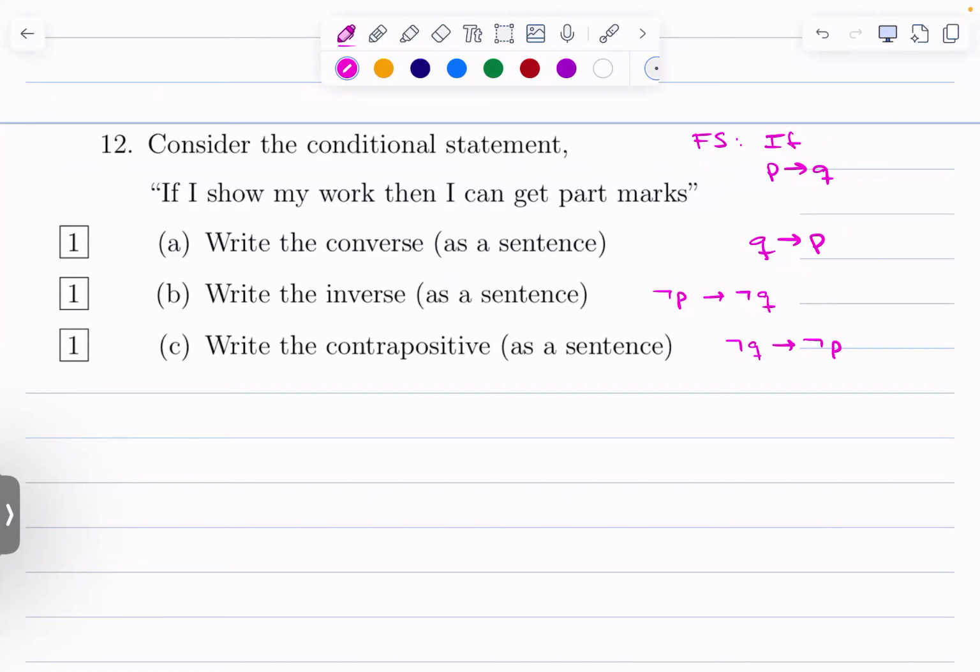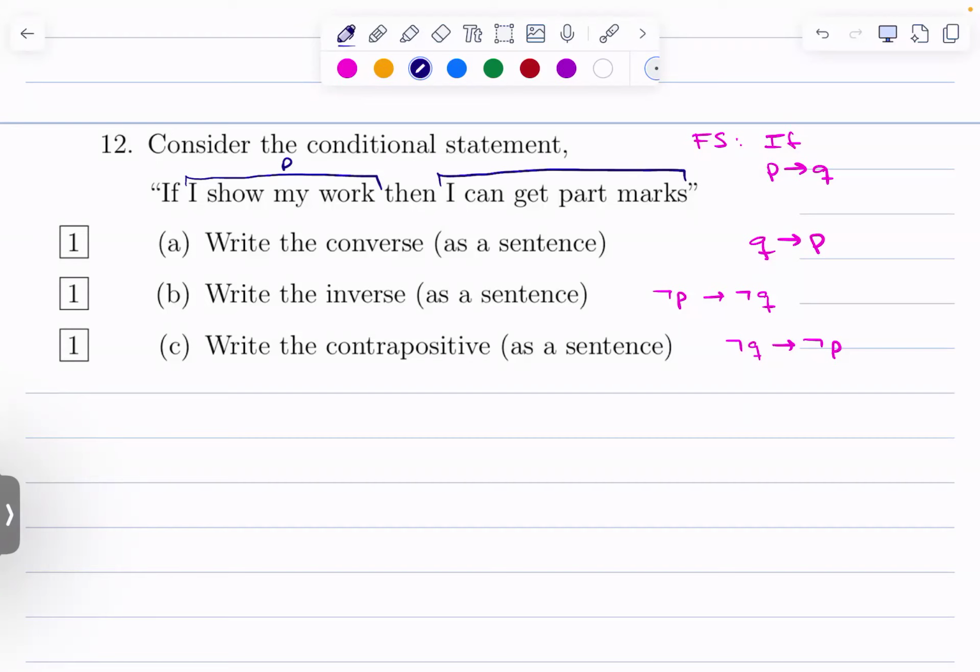So you need to map these to if P, then Q. I'll show my work can be P, or you could use S or W or something fancy, but it might get tricky mapping it back to the conditional statement.